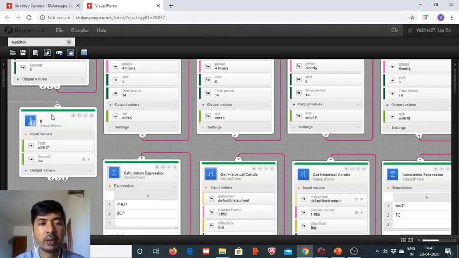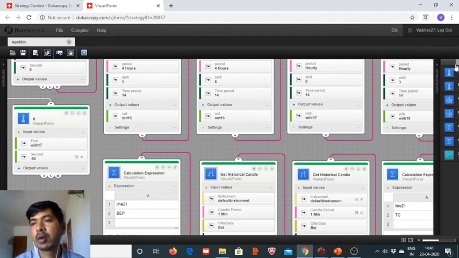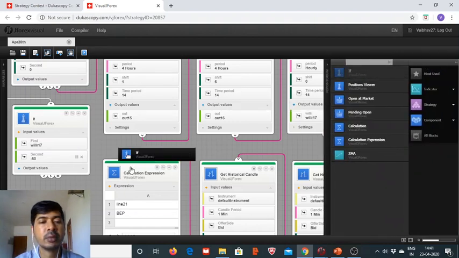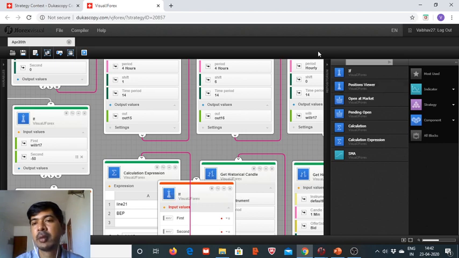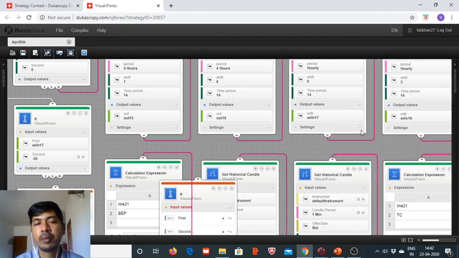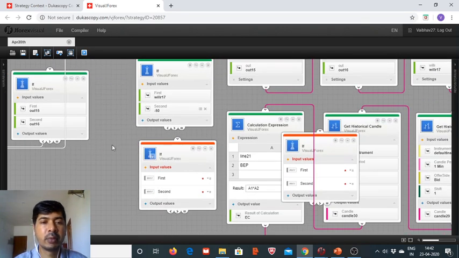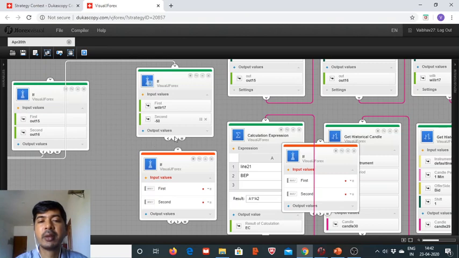We take in another if block. Let us take a couple of them. We are going to need it anyway. Now the Williams R value should be greater than minus 50.